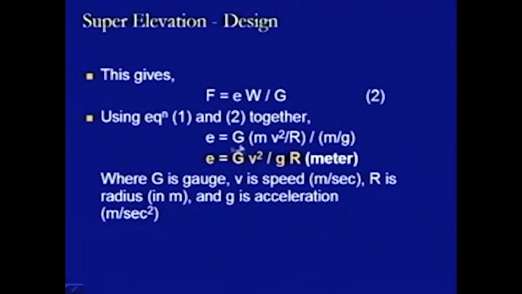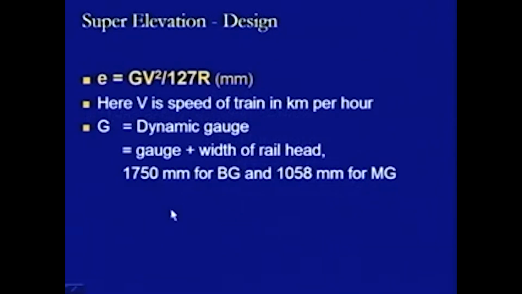Now, how is the value of G taken and what should this value be? We will be looking at that aspect. The value of G is here defined as dynamic gauge, where the dynamic gauge is the gauge plus the width of the rail head.